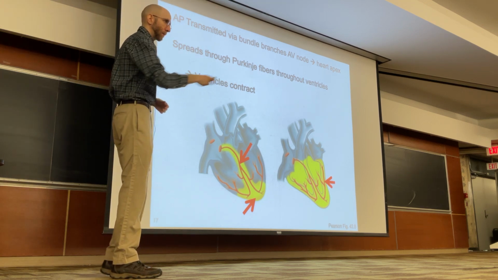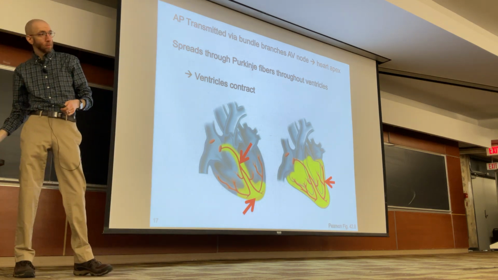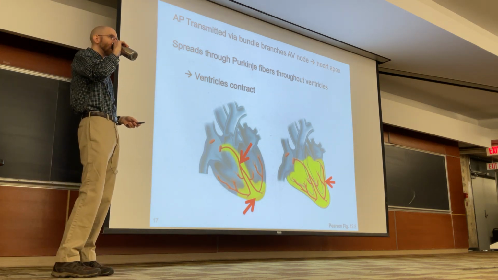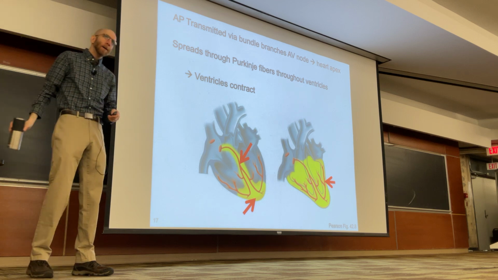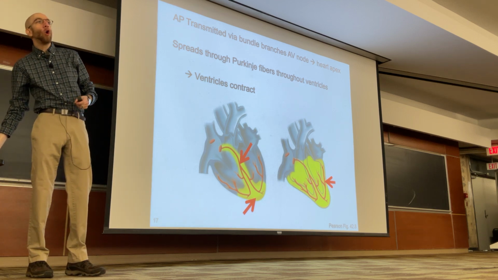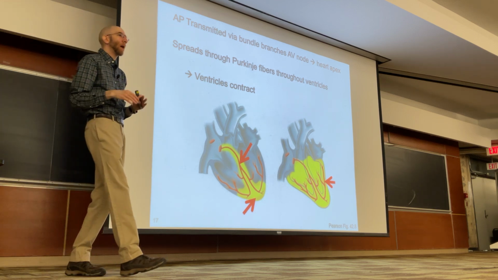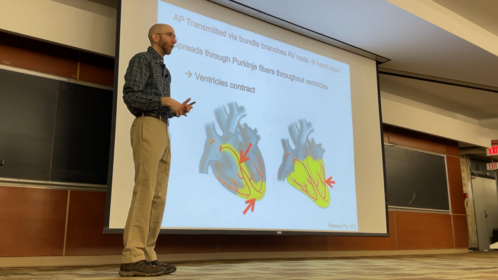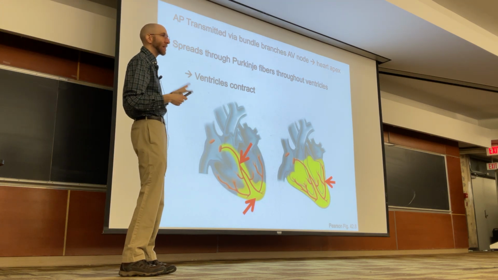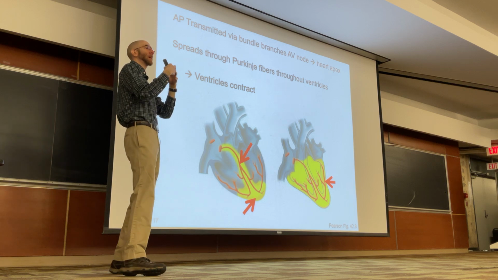Are the SA node, AV node, and bundle branches made of the same fibers as the actual cardiac muscle? So all of these cells are modified cardiac muscle cells. The cardiac muscle has basically adapted its own proprietary nervous system.